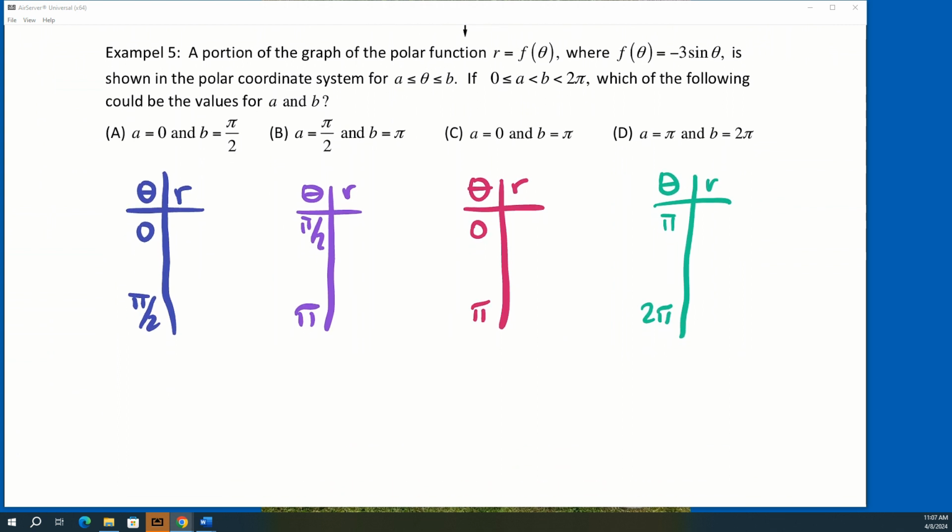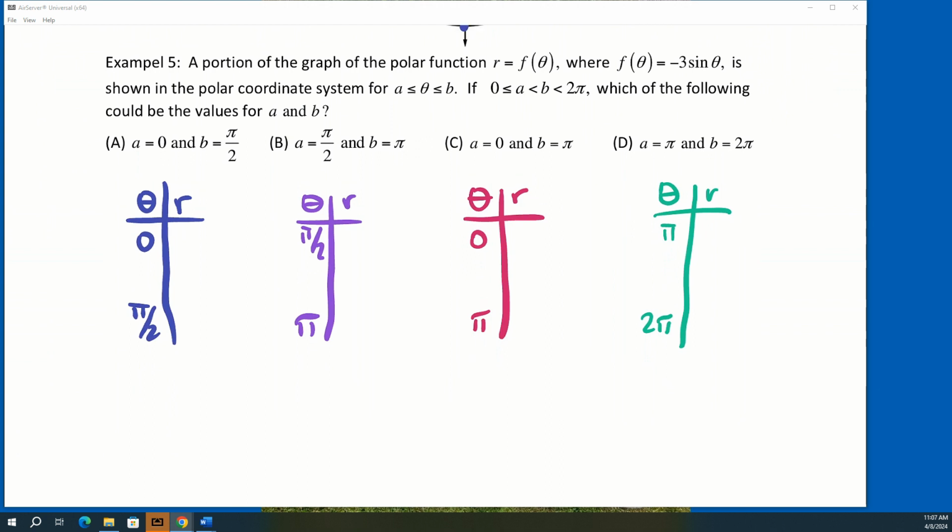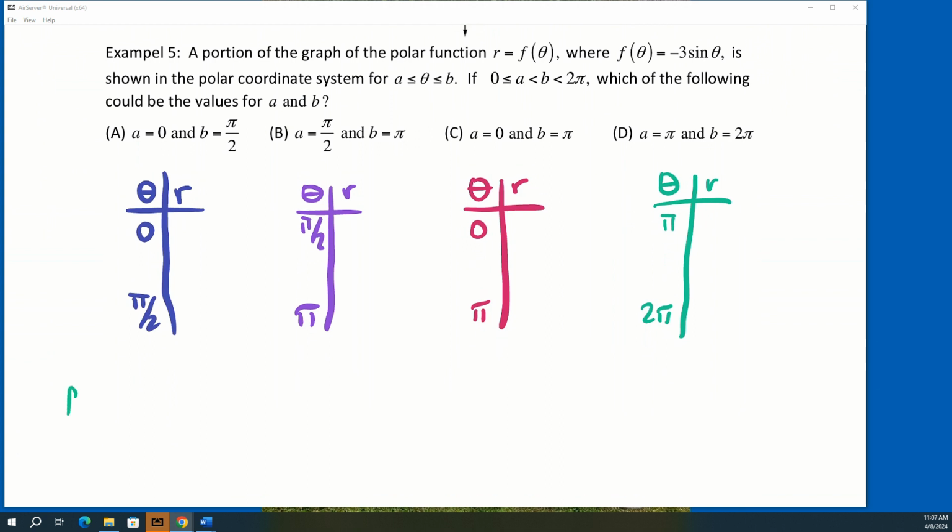All right, so I'm going to find the r's that go with these thetas. I'd start off by putting in 0. I would find the sine of 0, which I hope you all know.